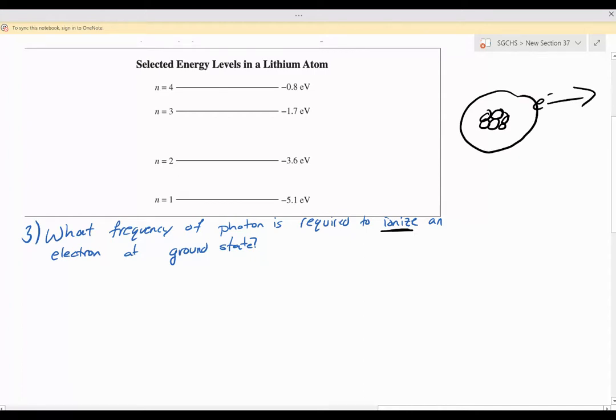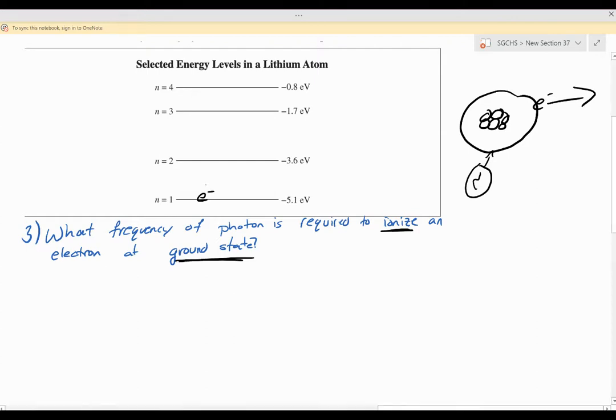Electrons are being emitted from something. In order for an atom to lose an electron, it has to essentially be given enough energy due to an EMR photon to ionize. Now it depends on what energy level we're at, but we're going to assume it's at ground state.